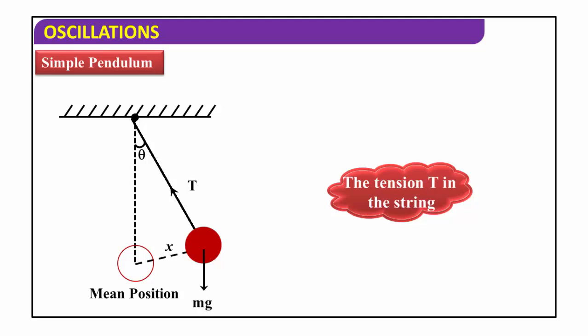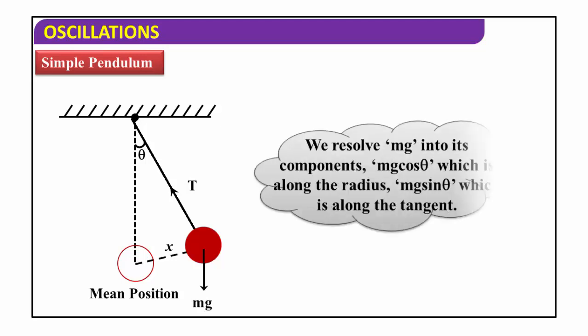Here we resolve the weight into two components: mg cos theta, which is along the radius, along the tension in the string, and mg sin theta, which is along the tangent of the oscillations of the simple harmonic motion.